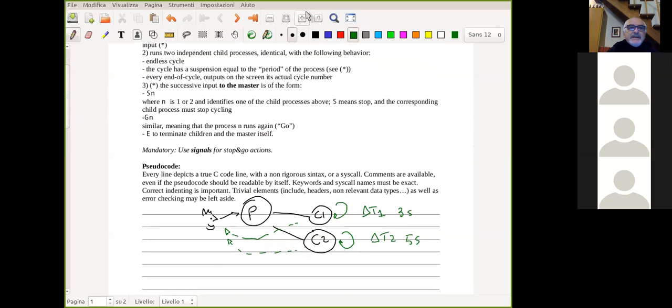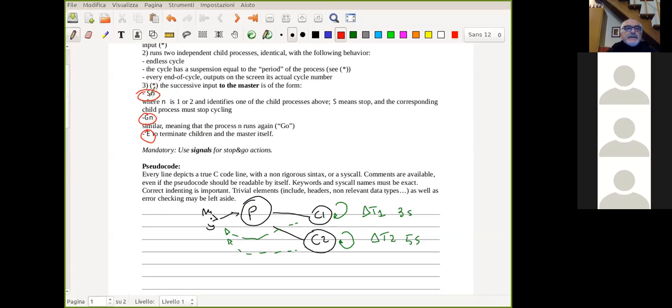And the idea is that P manages three possible commands, inputs from the user that can change anytime the cycle time of those two children.